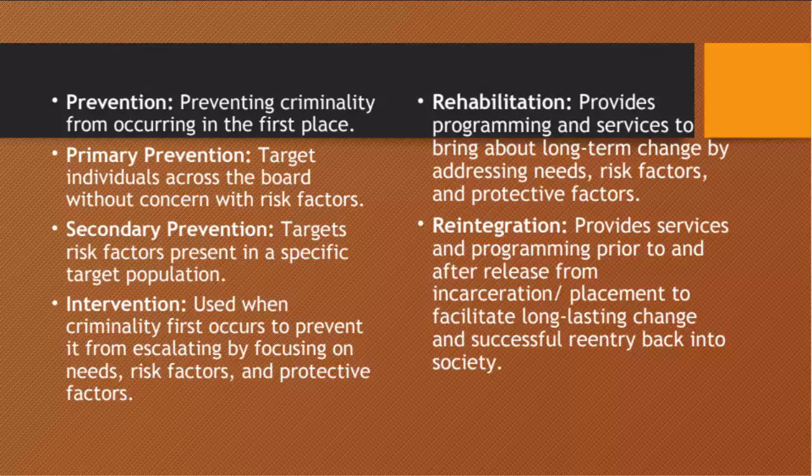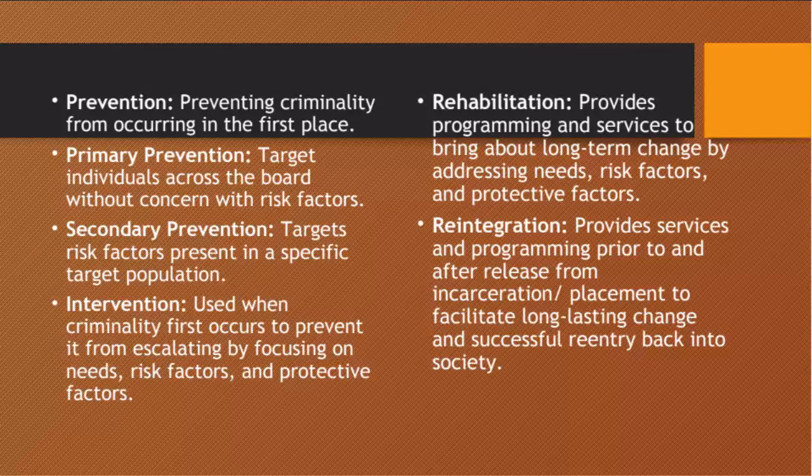So that program, even though those kids aren't getting into trouble yet, because they have that risk factor of a parent being incarcerated, we want to address that risk factor. That way they don't end up committing crime, potentially. And there's a multitude of other types of prevention programs as well.